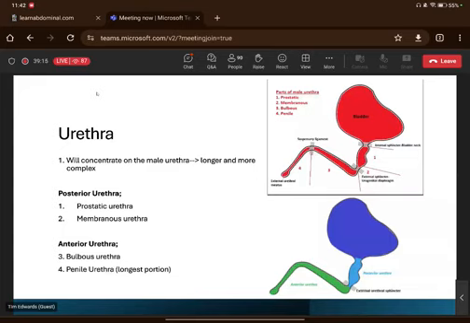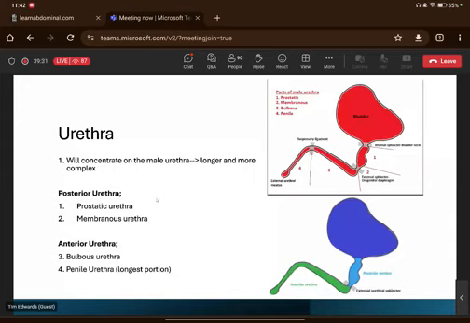I'll concentrate on the male urethra because it's the most important one to really know, because it's longer and more complex, and it's split into a posterior and anterior section.